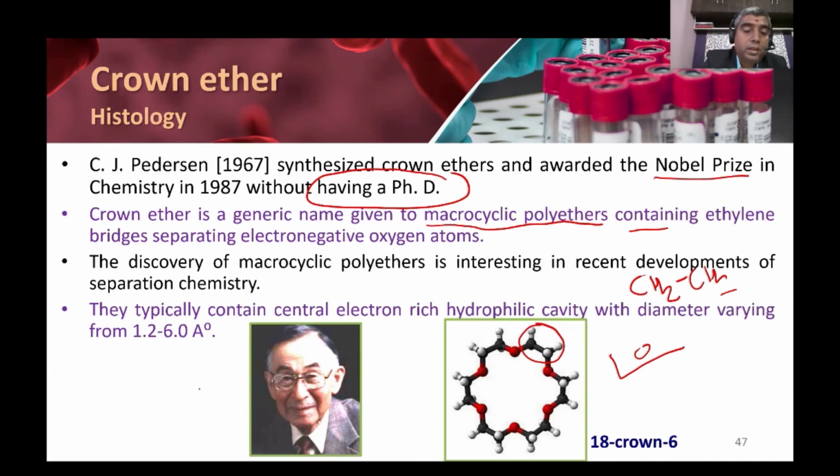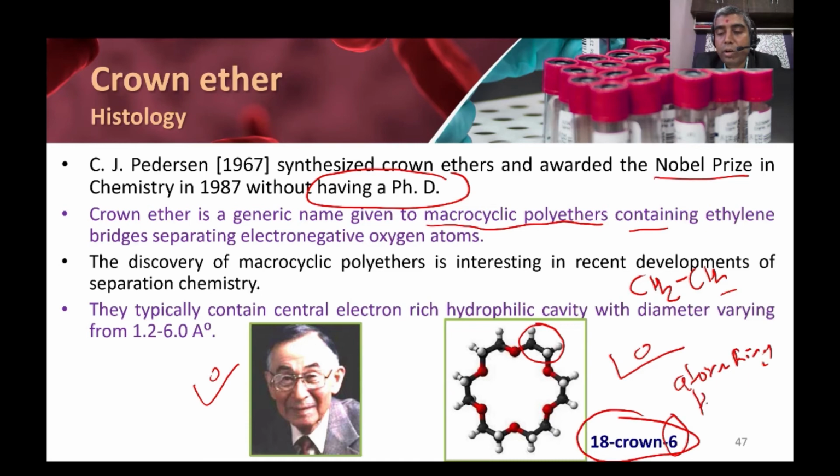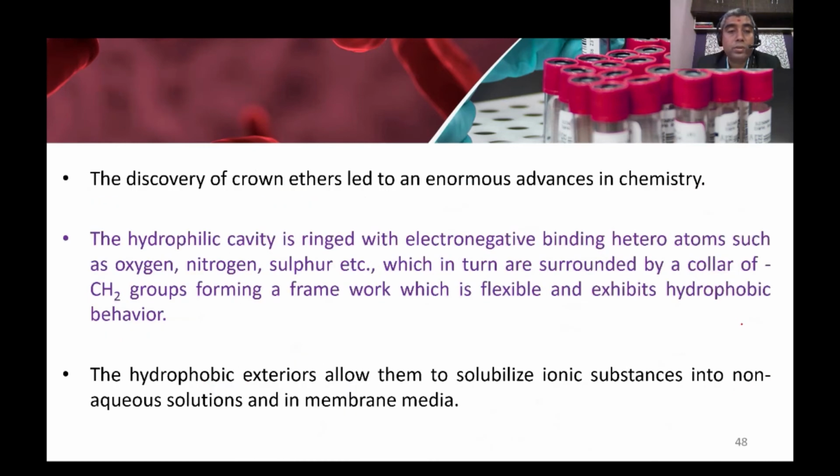So in the image, the scientist who invented crown ether is C.J. Pedersen, and the second image is 18-crown-6. 18 means the total number of atoms in the ring, and 6 is the number of heteroatoms, and they are separated by ethylene bridges, CH2-CH2.